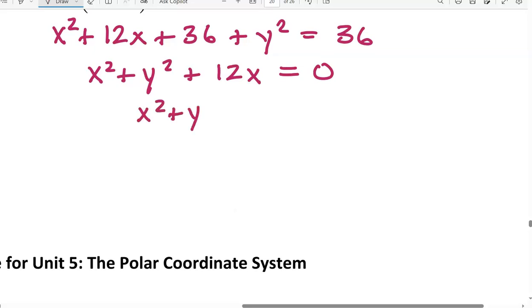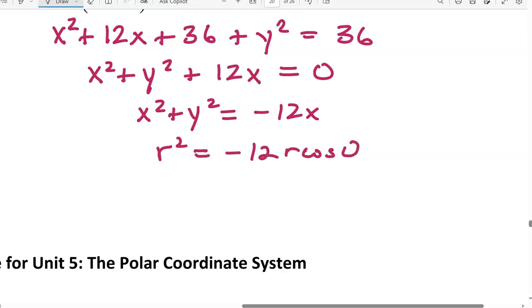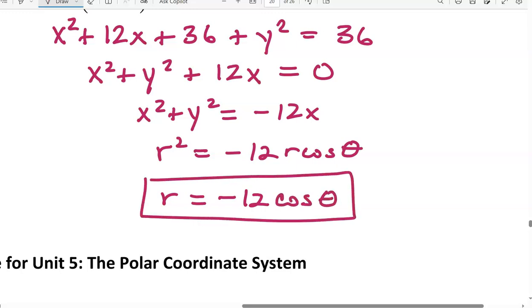And let's move the 12x to the right side of the equation. X squared plus y squared can be replaced with r squared, and x can be replaced with r times the cosine of theta. To solve for r, it's easiest to do if we just divide both sides by r. So r is equal to negative 12 times the cosine of theta is the equation of that graph in polar form.